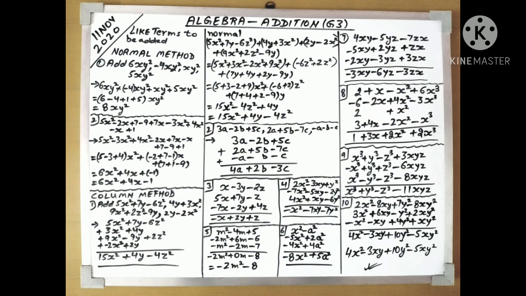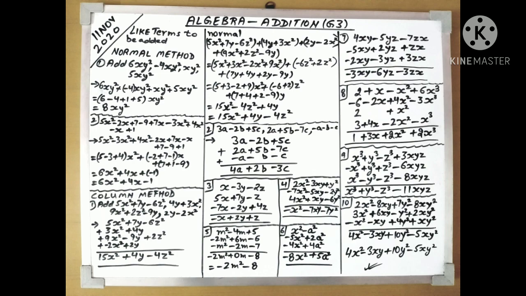Focus on the next example. m square minus 4m plus 5, minus 2m square plus 6m minus 6, minus m square minus 2m minus 7. So add the like terms and be very careful about the signs, right? And you will get the required answer.